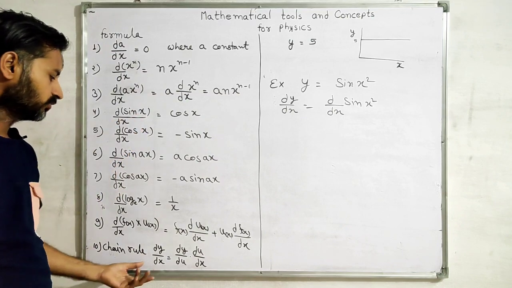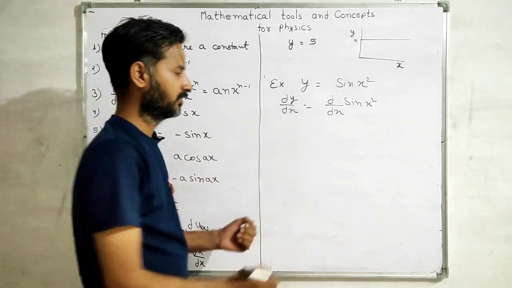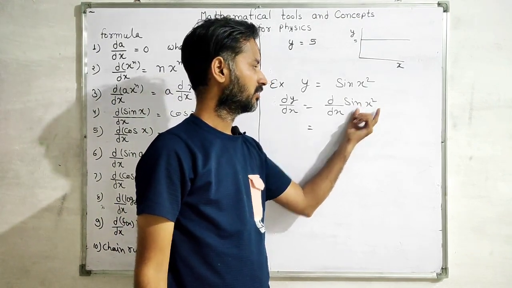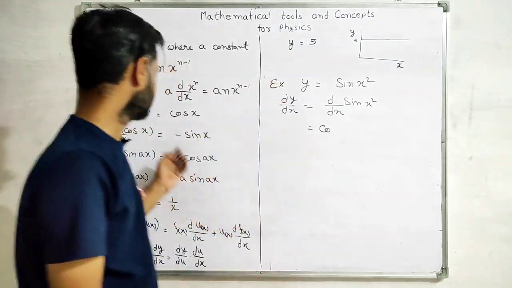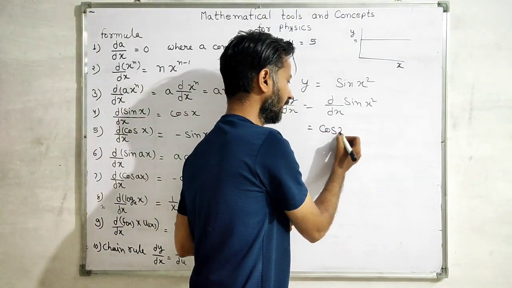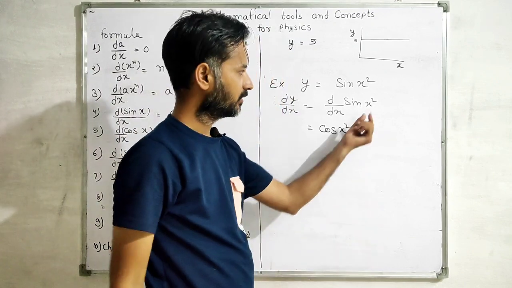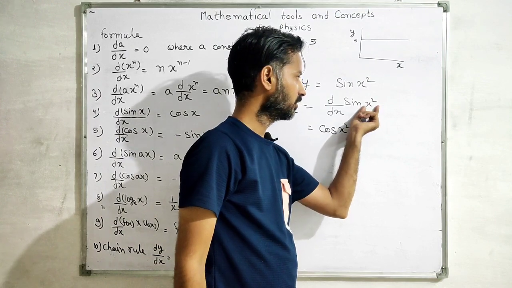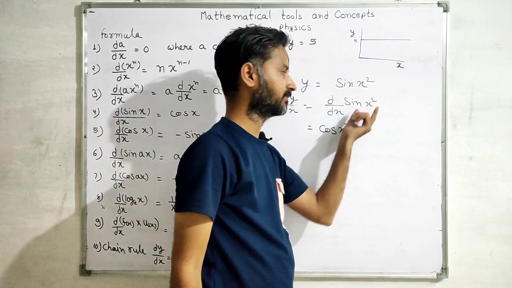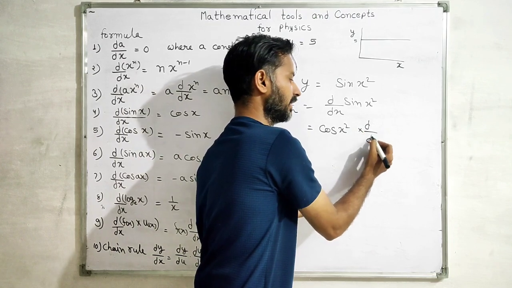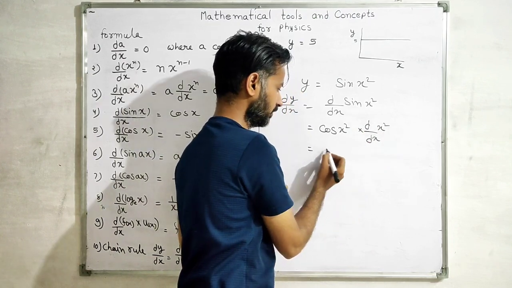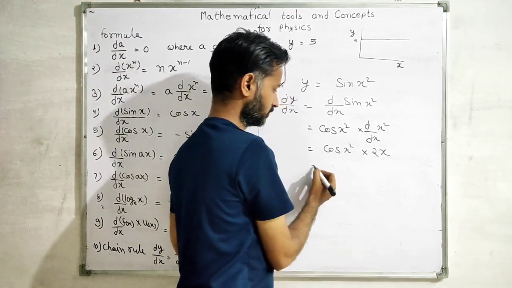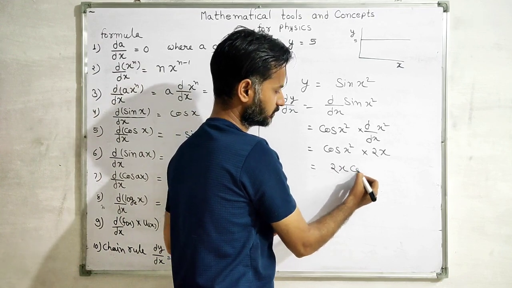So here we use the chain rule, and this sin x square will be cos, sin x have cos x, so become cos x square multiplied by, we will do the differentiation of this x square separately. So d by dx x square, and it become 2x. So we have the answer 2x cos x square.